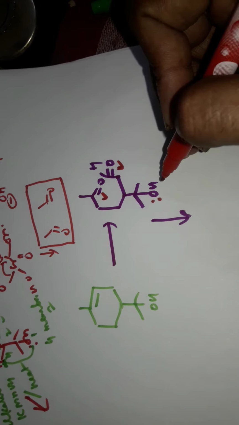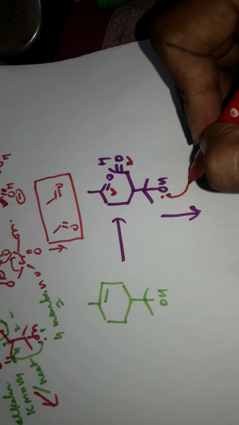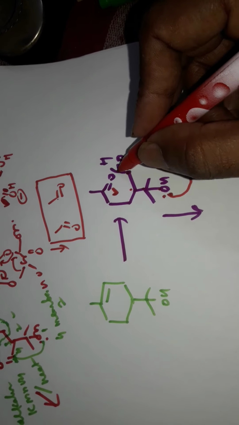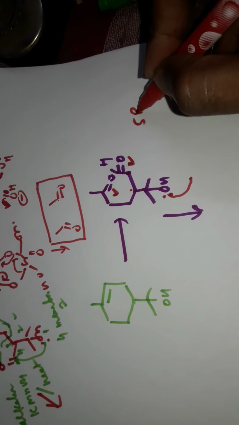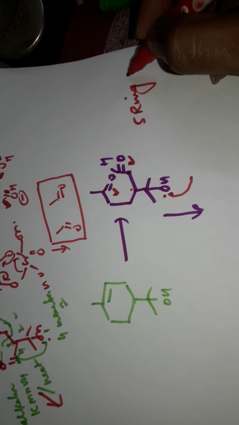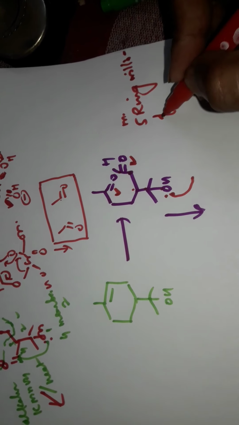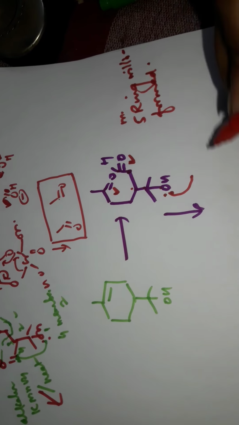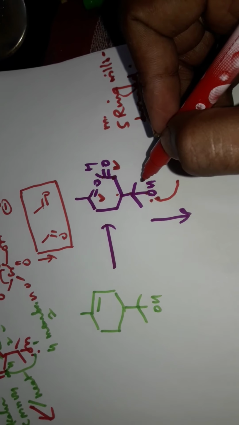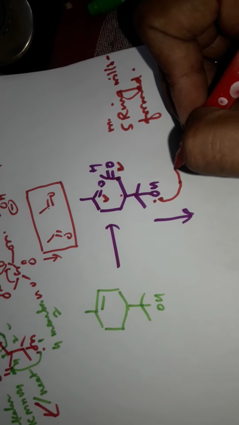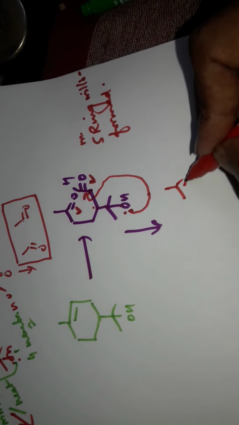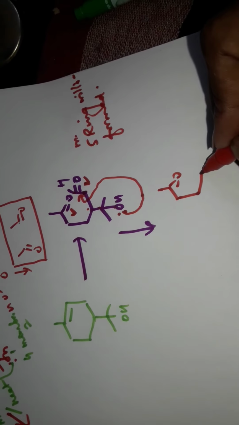First of all, this 1, 2, 3, 4, 5, so a 5 membered ring will be formed here. You can see this lone pair attacks on this and the structure changes to that one.